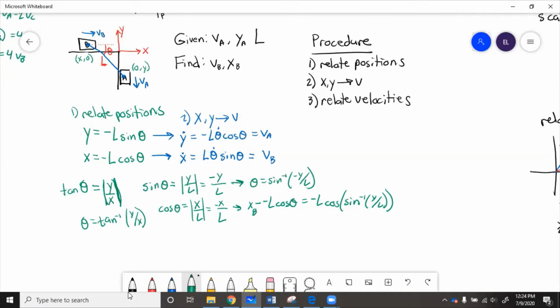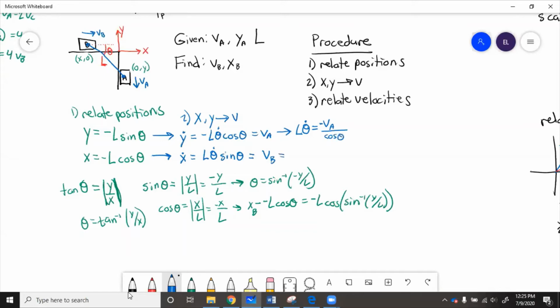Now, once you know x, that's good. You also know theta from here. So once theta is known, you go back up to a velocity. From this, we rearrange L theta dot equals negative VA over cos theta.